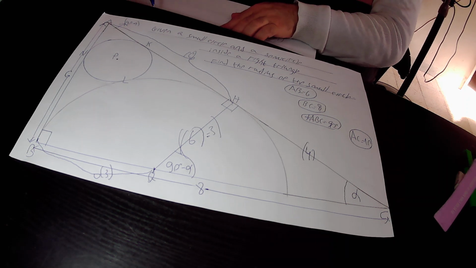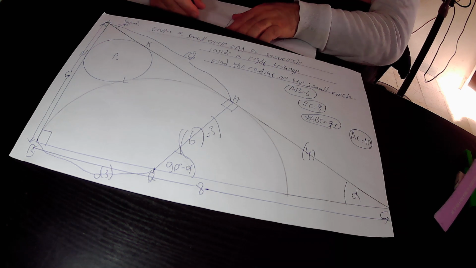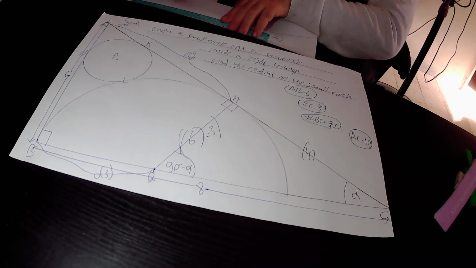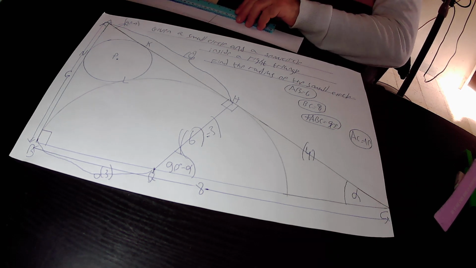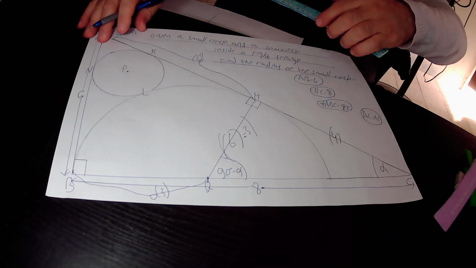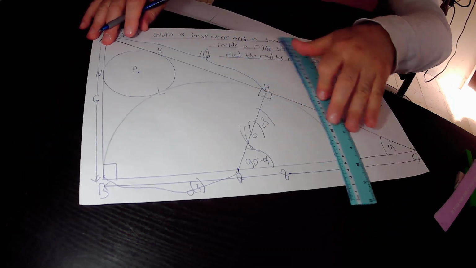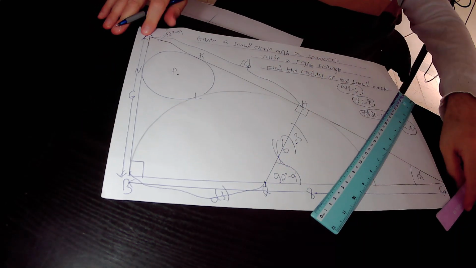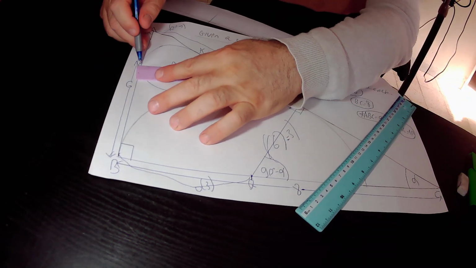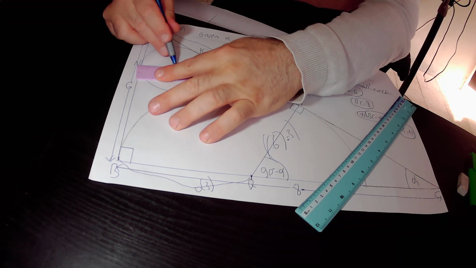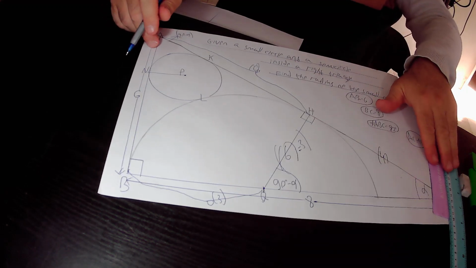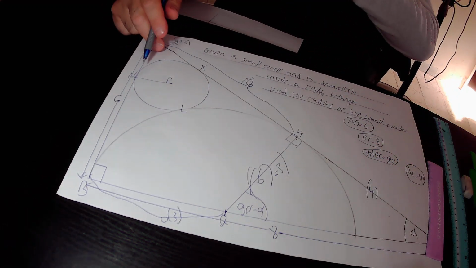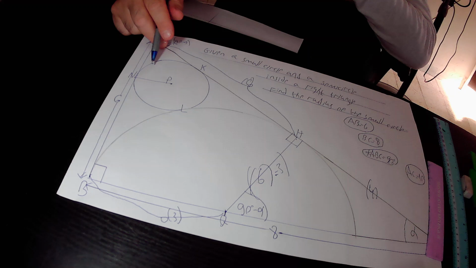In the next step, we will join points N and P together by a straight line. Point P is the center of this small circle, point N is the point of the small circle itself, therefore PN is the radius of this small circle, the radius that you're looking for in this question.